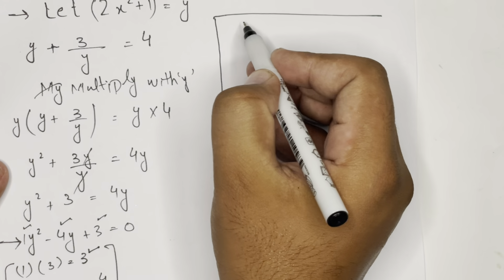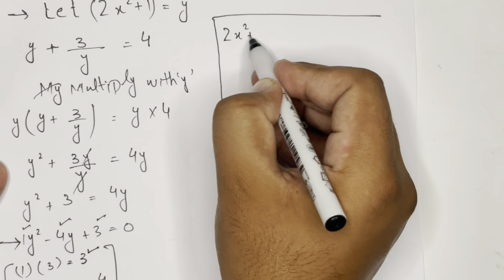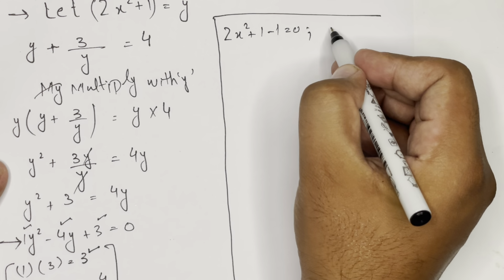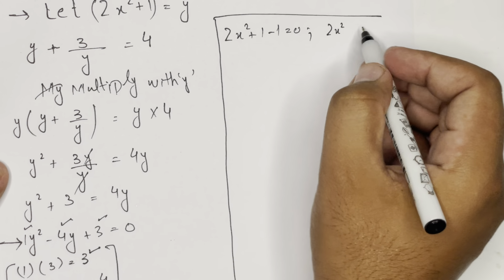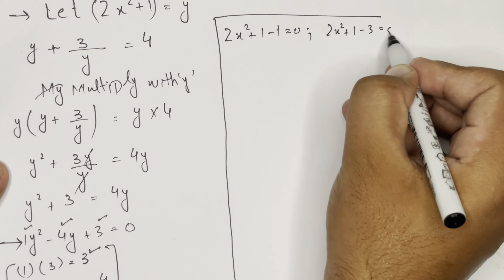I am writing this equation again: 2x² + 1 - 1 equal to 0, and 2x² + 1 - 3 equal to 0.